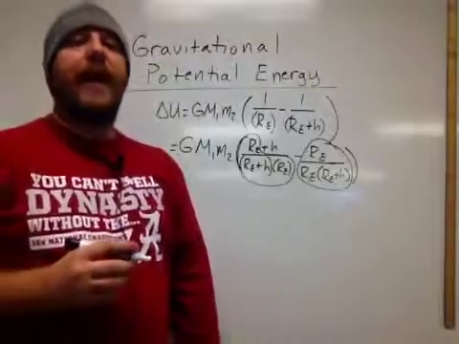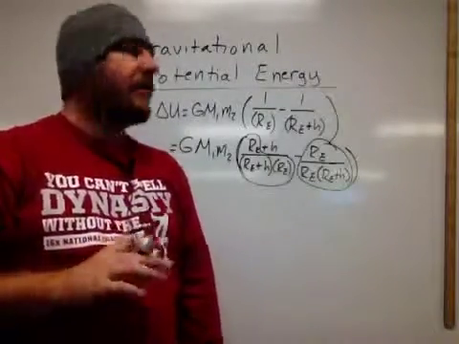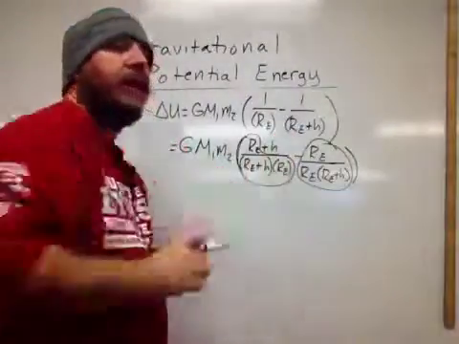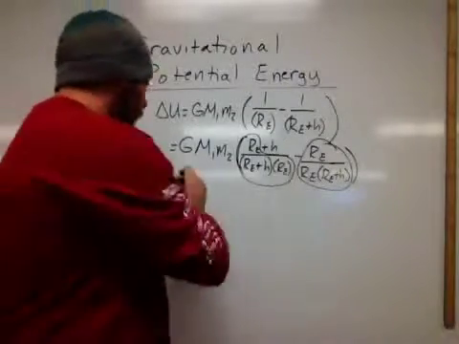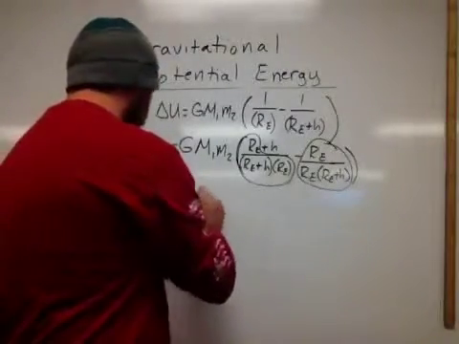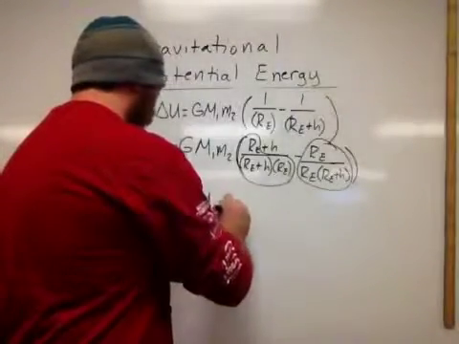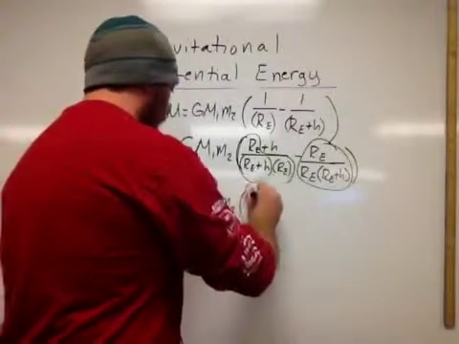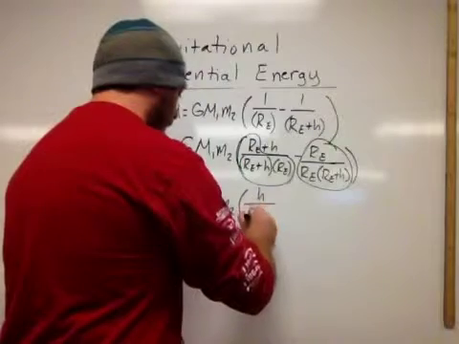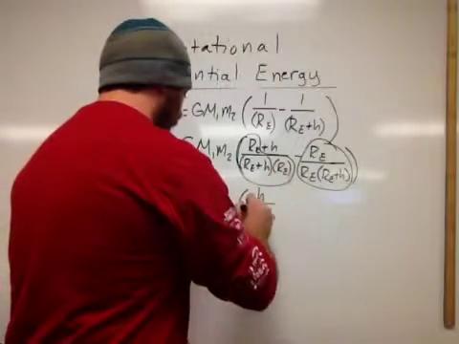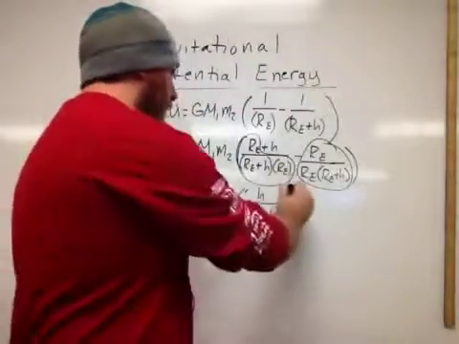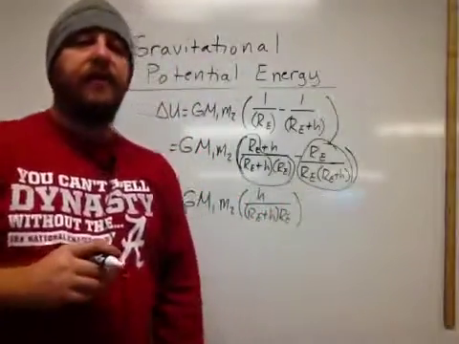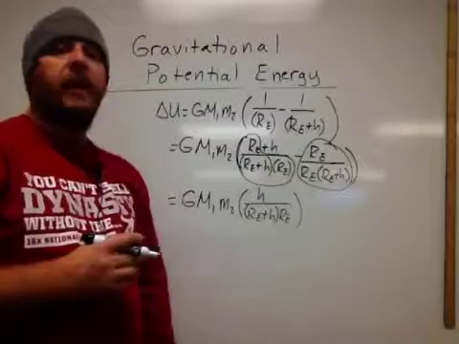So I can subtract those two terms and I get 0, and I'm just left with the term involving my h in the numerator. So this is equivalent to h over Re plus h times Re.